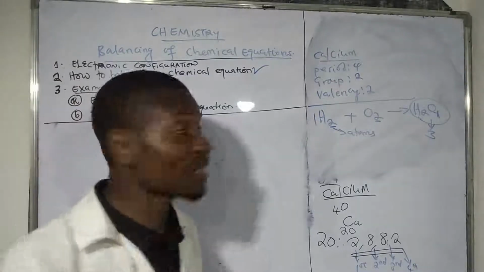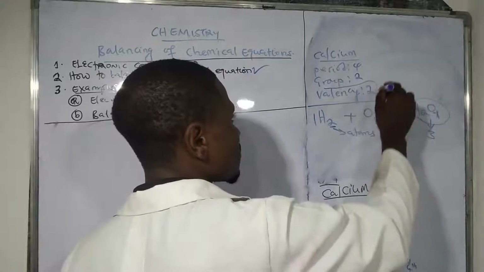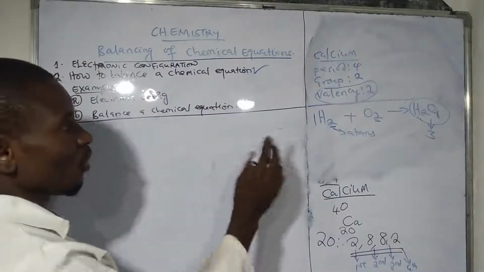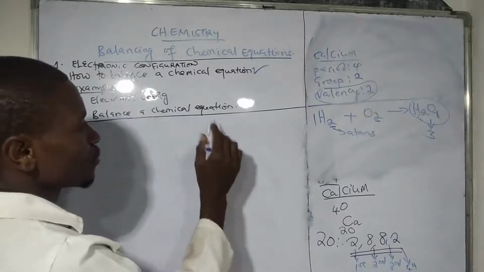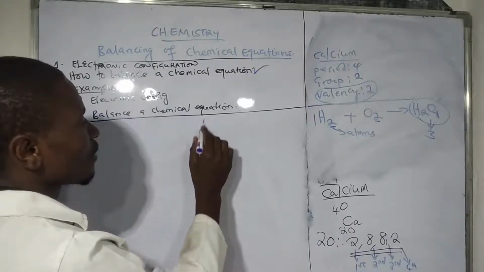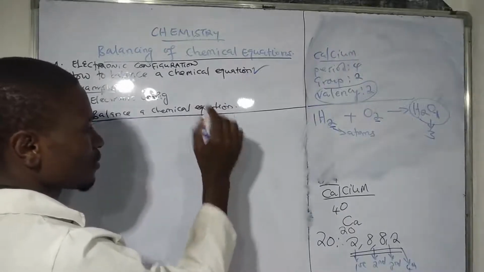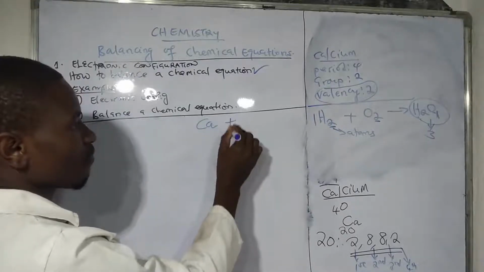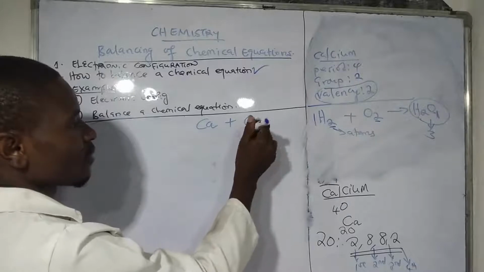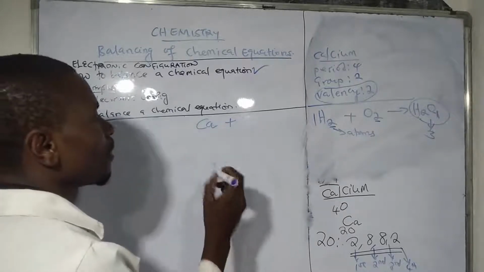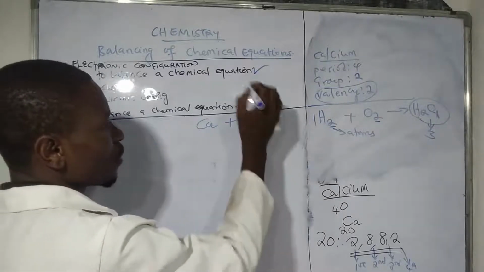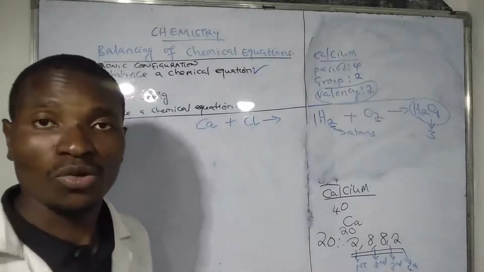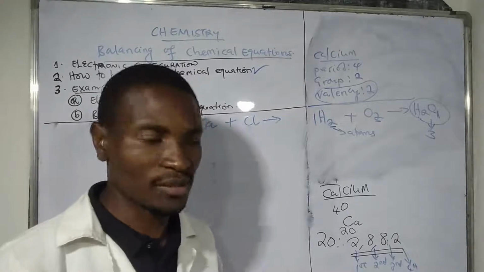Now, the other key concept is the valence. Why the valence? Because let's say calcium plus chlorine equals calcium chloride.